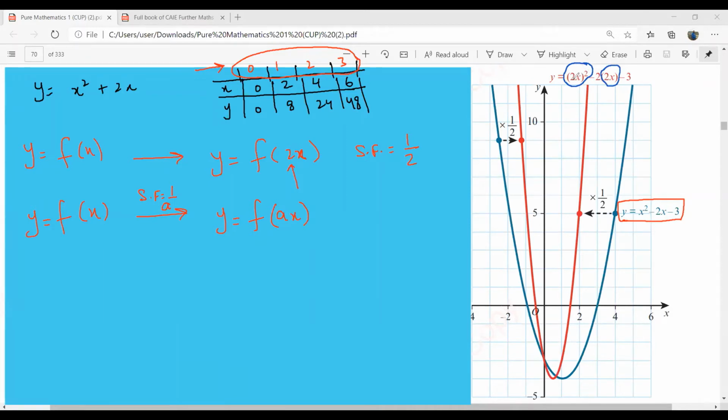We might think that the scale factor is 2, but the scale factor in this case is not 2, that is going to be half. The scale factor is half, because you see that the distance of this point over here from the y-axis is initially 4. And now how much distance is left over here? You can see that now this distance is 2, because here the x coordinate is 2 and originally the x coordinate was 4. Can you see that, guys?